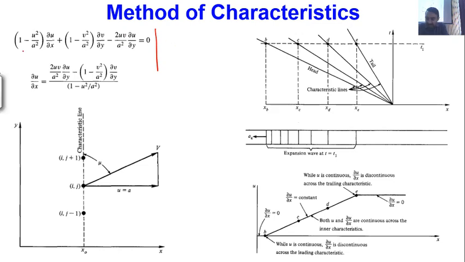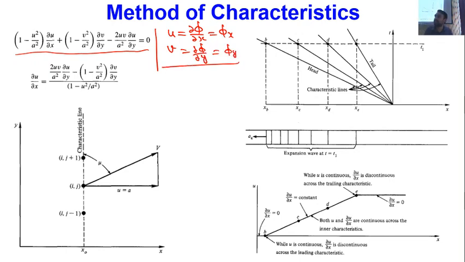That equation I have written in the form of u and v, where u, the x component of velocity, equals del phi by del x or phi x, and v is del phi by del y equal to phi y. Point is clear? This is my non-linear velocity potential equation, but presented in the form of velocities.